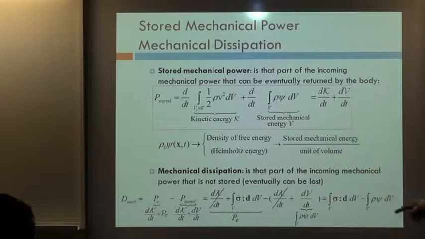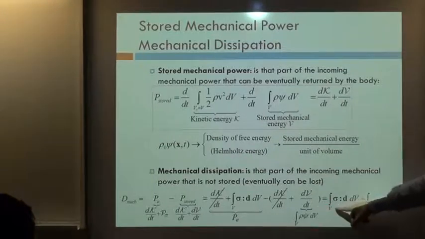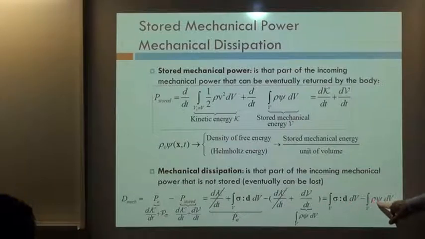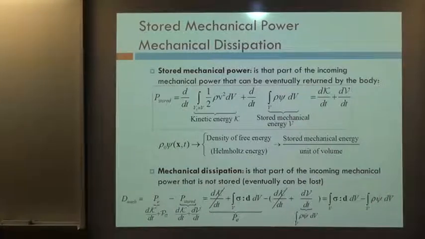So finally, the dissipation can be written as the integral over the volume of the stresses times the rate of the strains, which is the stress power, minus the derivative of that, which can be introduced in virtue of some theorems as rho phi dot. This is that derivative, which is the variation of the stored energy per unit of volume. So this is the mechanical dissipation.